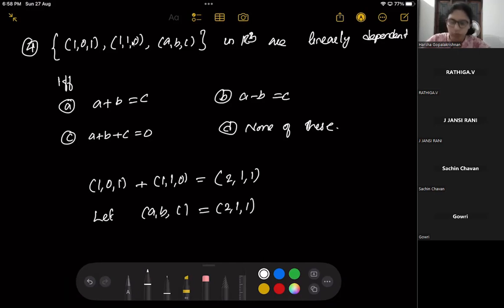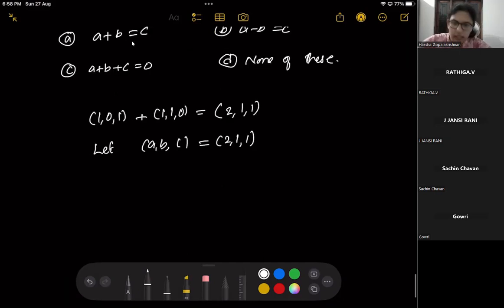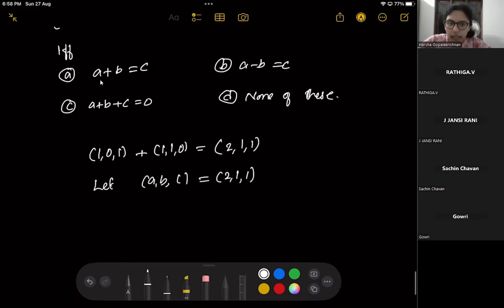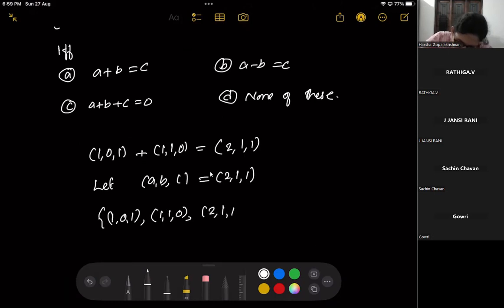Clear? Now, we can see that here A plus B equal to 2 plus 1, which is not equal to C, right? But it is linearly dependent. Here 101, 110, 211 is linearly dependent.